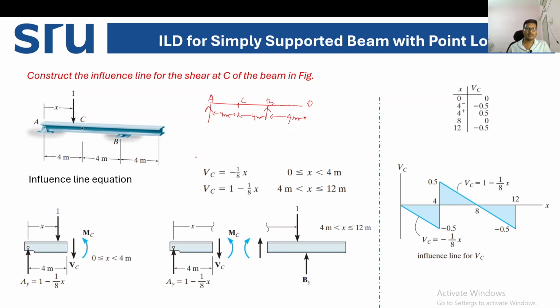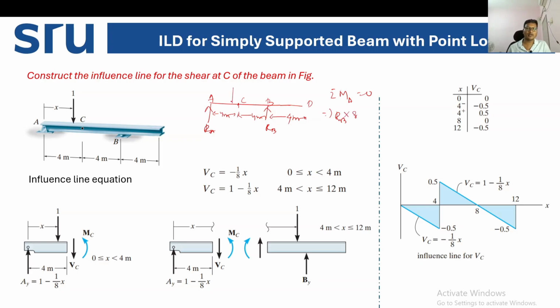So write down the equations now. What will be the reaction at A? RA and RB. Let us just take the moment at A is equal to 0. So RB into perpendicular distance, that is RB into 8.